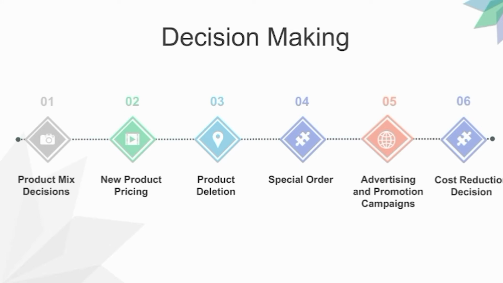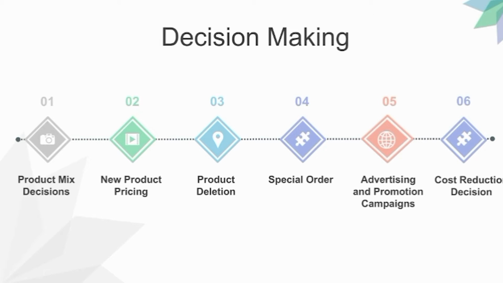Besides helping in controlling costs, direct or variable costing is also helpful for decision making, as I said before. So in what field does it help decision making? The first one, it helps in product mix decisions and new product pricing.